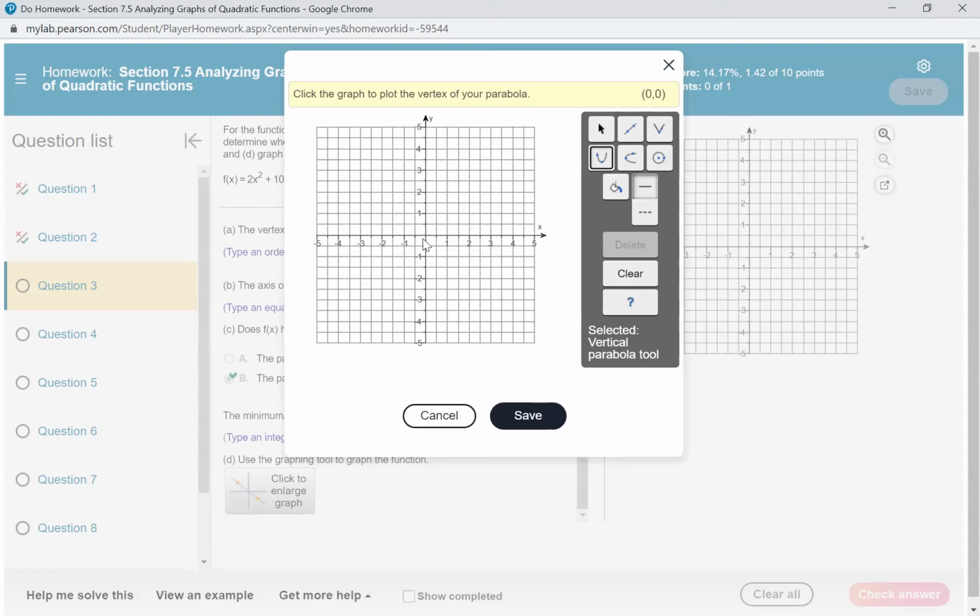So for -5/2, if you start in the middle, since this is broken down by halves, go left 5 units. 1, 2, 3, 4, 5. So that puts me at about -2.5 there. And then I would go down -7/2, which would be 7 down.